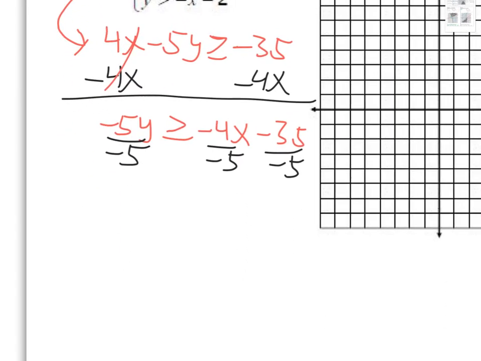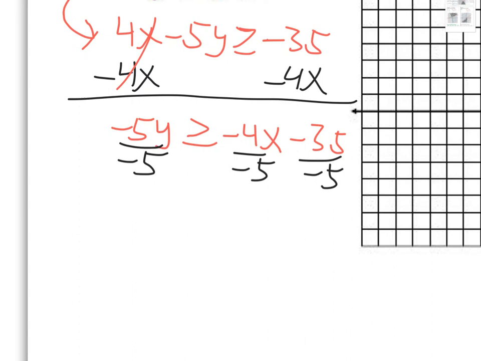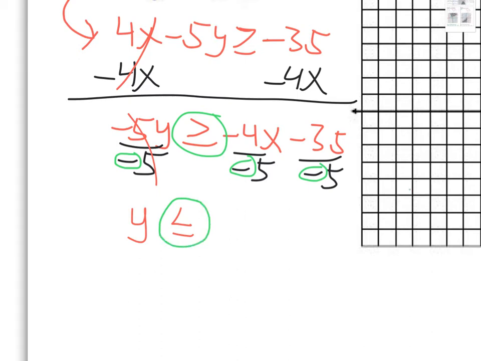You want to divide by this negative, so I want you to circle, and once again, a different color would be beneficial, I want you to circle this negative on all of them, and then circle the sign. Your new equation is going to be just y by itself, but the sign is going to flip. Let's make sure we circle this sign. The sign is going to flip over because we divided by a negative, so that turns into positive 4 over 5x, and this turns into positive 7.